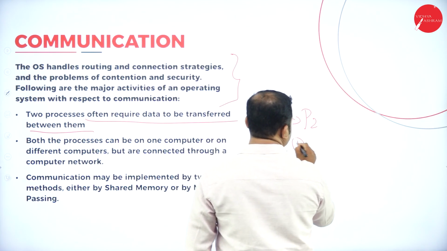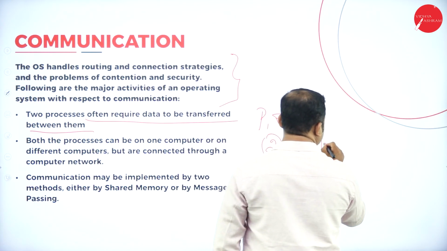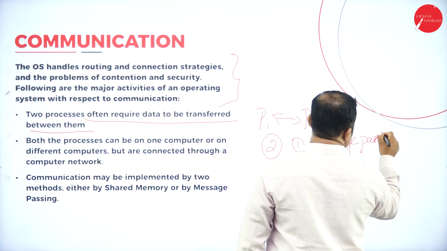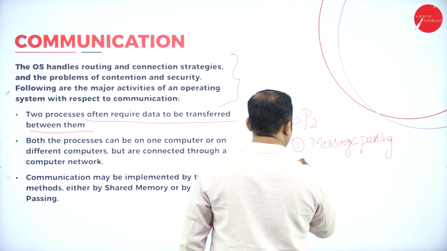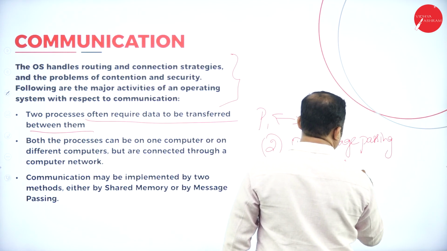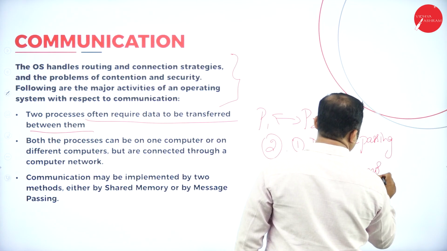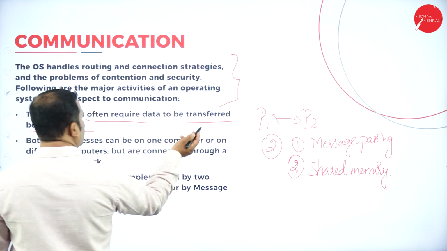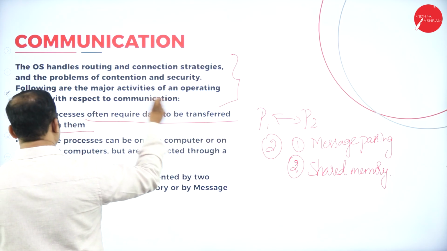The first method is the message passing system, and the other one is the shared memory system. So one process can communicate with another process through these two methods.